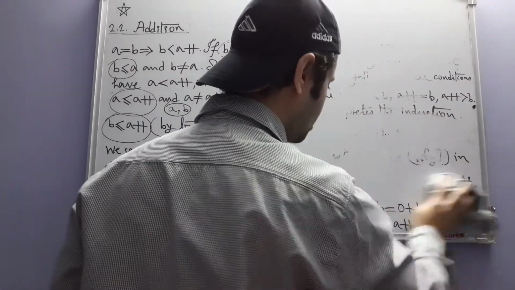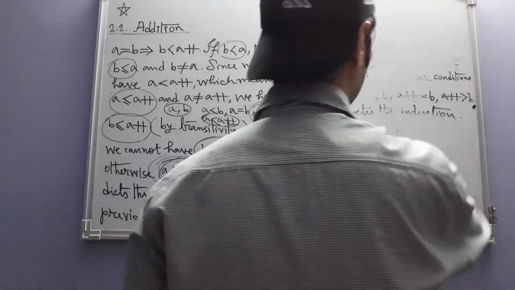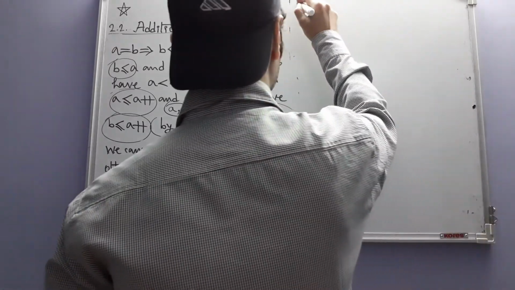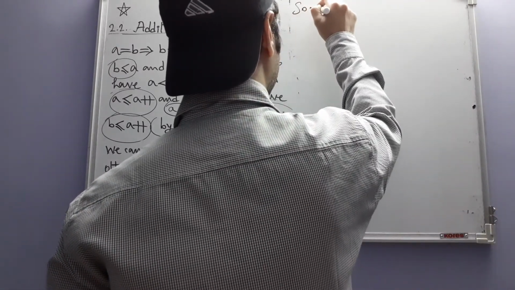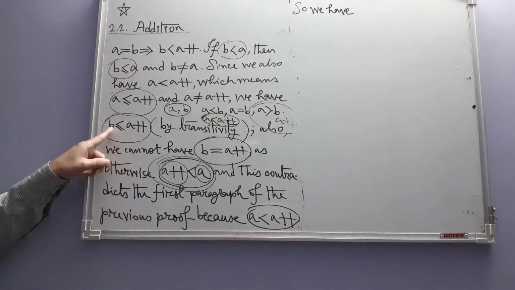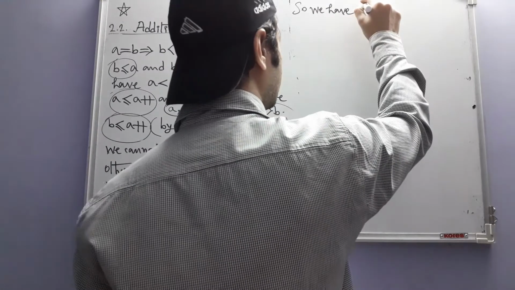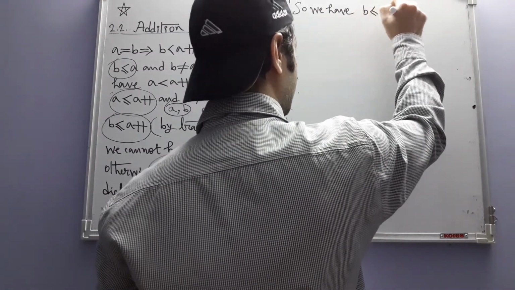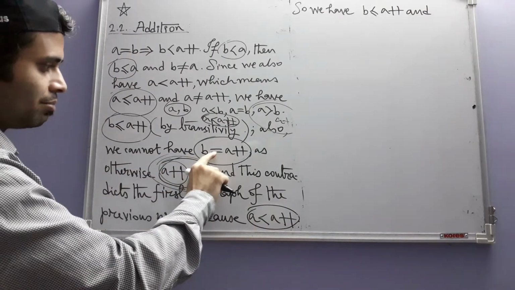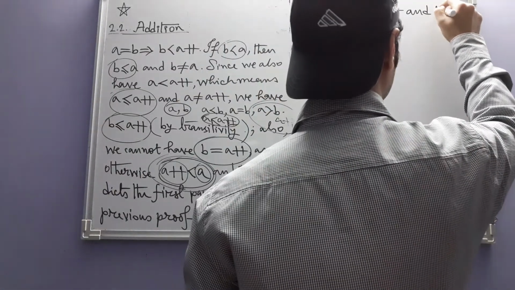So that means what do I have now? We already have b less than or equal to a plus plus, and we also have b not equal to a plus plus.